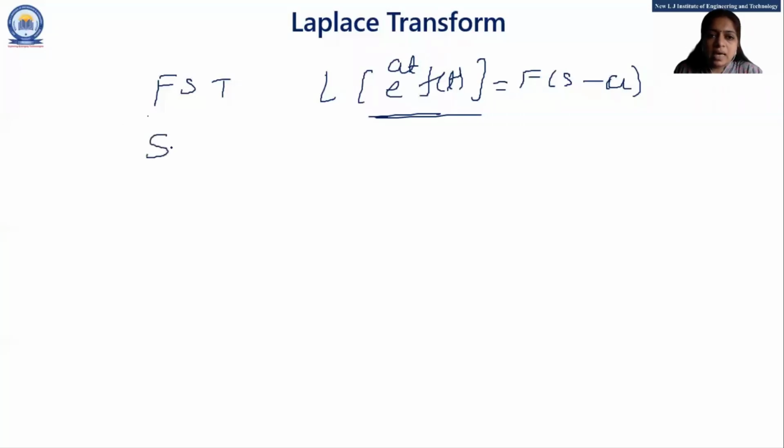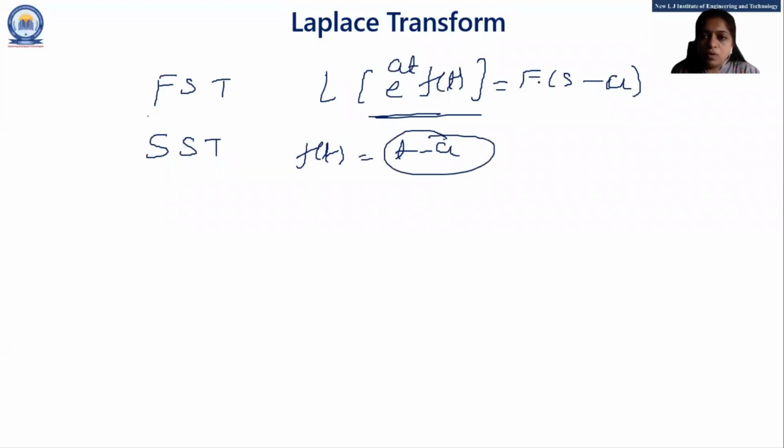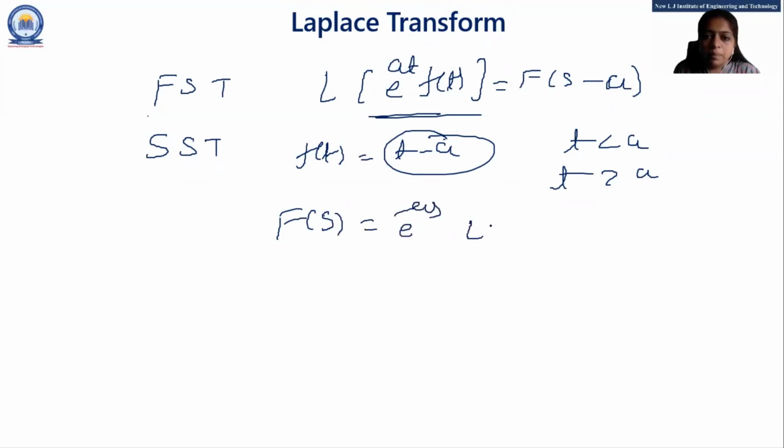Then the second shifting theorem. For the second shifting theorem, a function is given for t less than a and t greater than a, and at that time you apply the second shifting theorem, that is e raised to minus as times Laplace of the function of t.